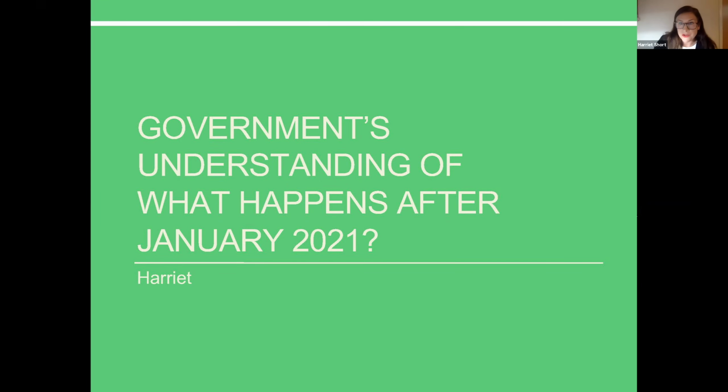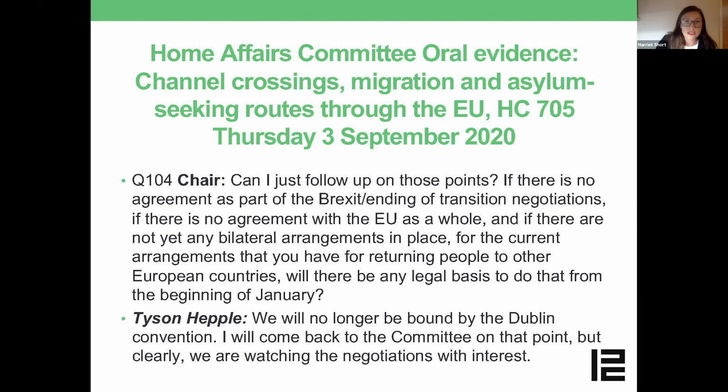Well, I can't take you to any agreements, as you've seen, because there are none. So let's look at what the authorities are saying. In September 2020, the Home Affairs Committee pressed high-ranking Home Office officials to confirm what would be the default legal position on returning third country nationals to EU countries after the 31st of December 2020.